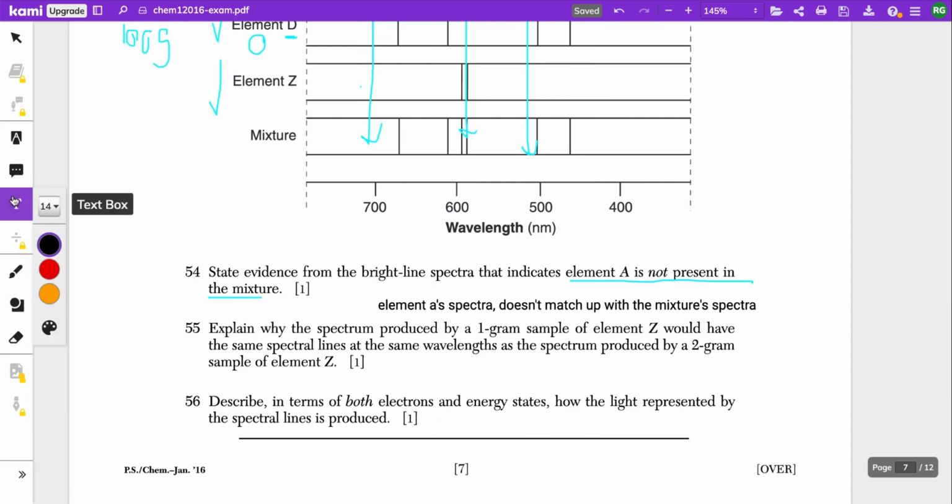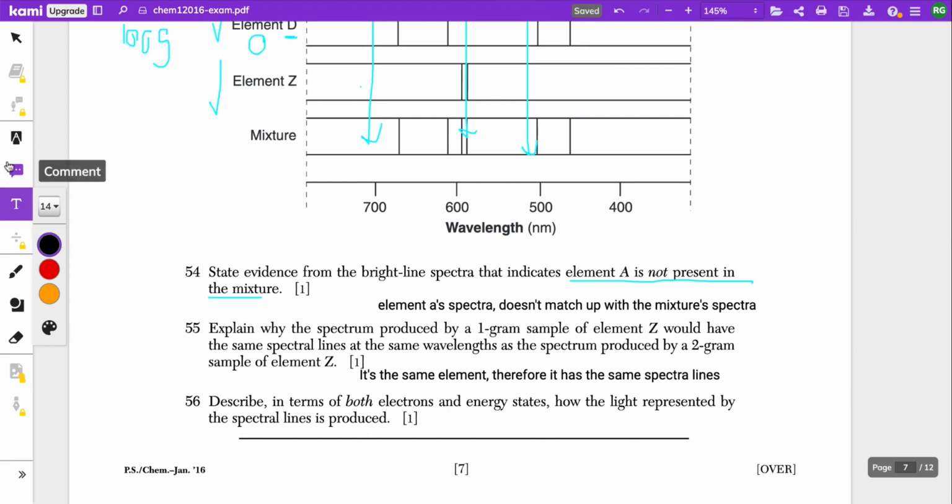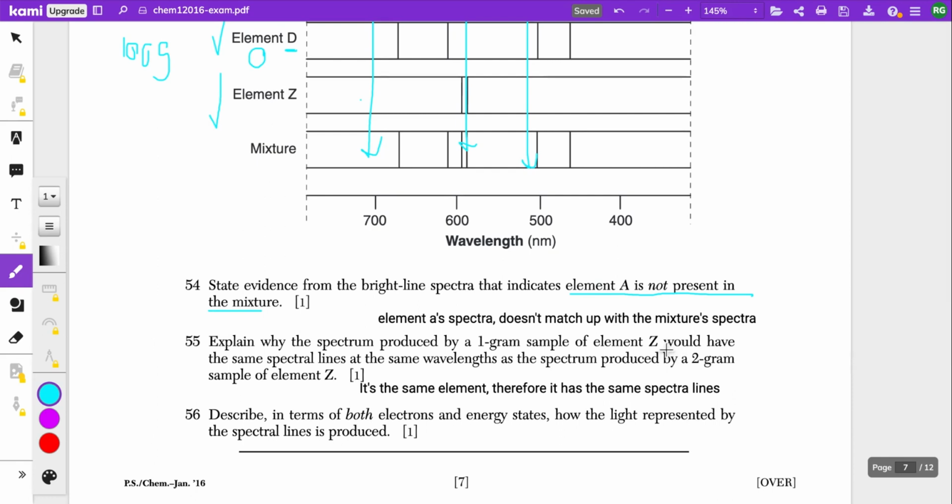That's because it's the same element. Therefore, it has the same spectral lines. It doesn't matter how much of the element you have. If it's the same element, it's going to produce the same spectral lines.